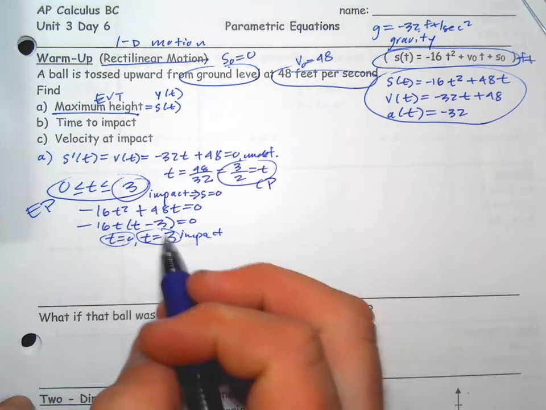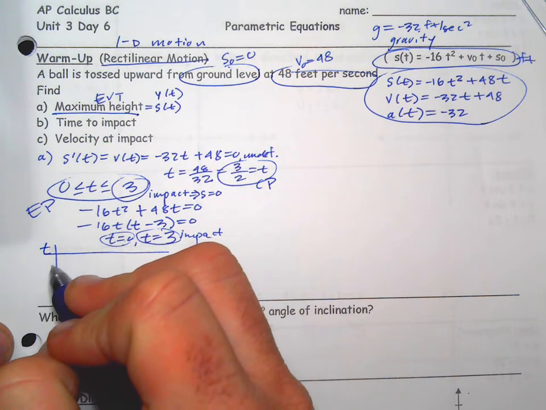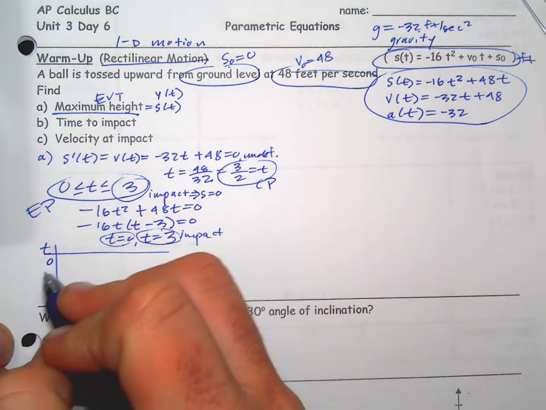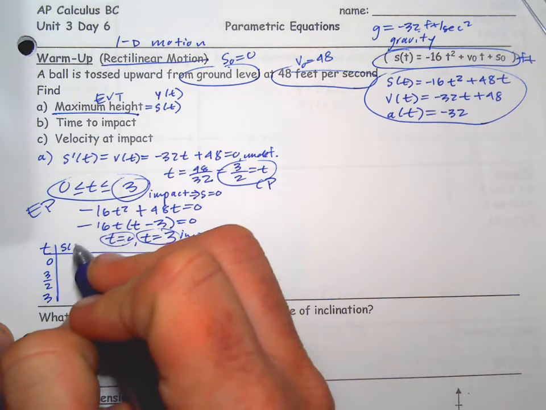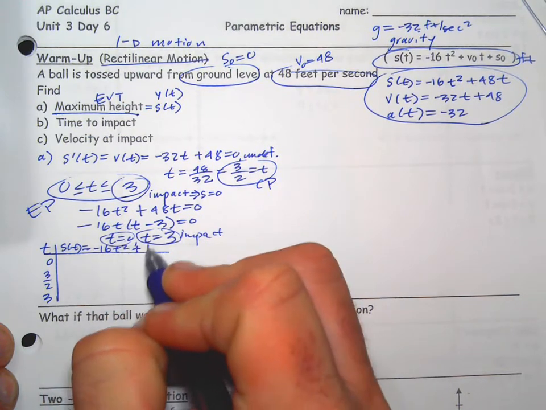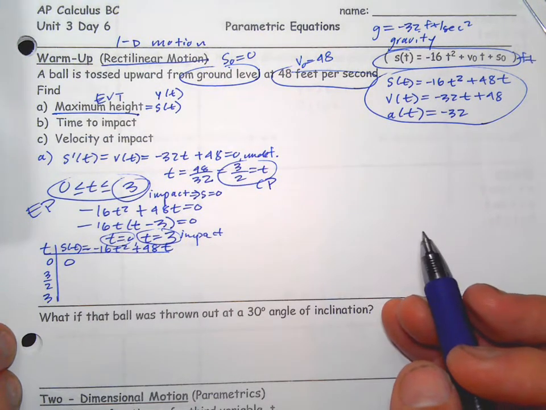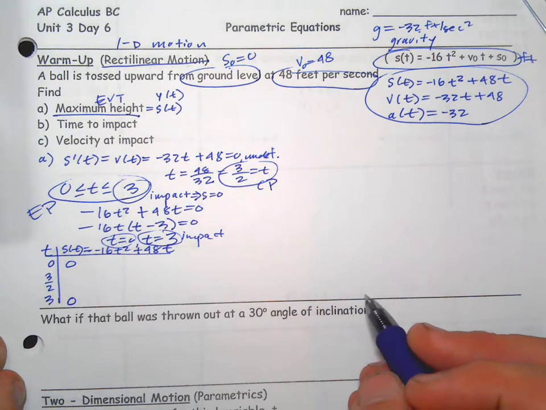And so then we would make a table, plug time in, plug our endpoints and critical points into the original position equation, negative 16t squared plus 48t. Now, when you plug 0 in, it gives 0, which makes sense because that was the initial height. When you plug 3 in, you should get 0 because that's how we found 3.